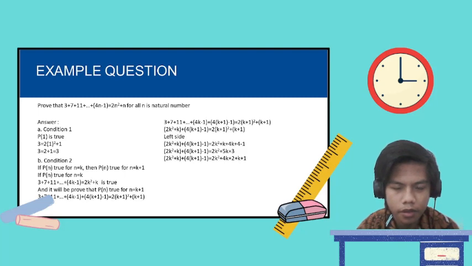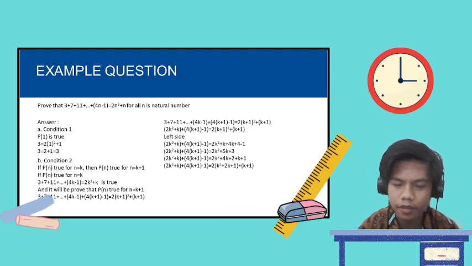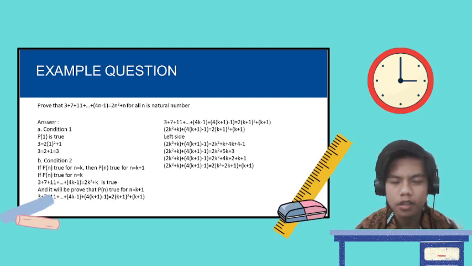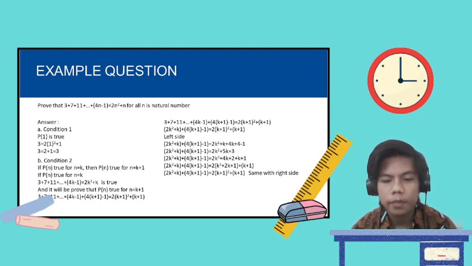So we can write it as 2 times k square plus 4k plus 2, because the coefficient of k is 5 and we write 4, then we must add k, and the number 3 we write as 2, so we need to add 1. Because of that we can write it as 2 times (k square plus 2k plus 1) plus (k plus 1), and that is 2 times (k plus 1) square plus (k plus 1).